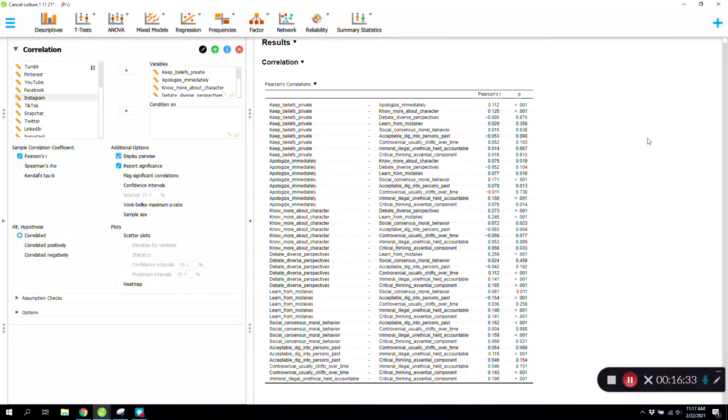Now, there's one other thing I want to tell you that's important. If you ever see a negative, that indicates a negative correlation. Okay, so listen here, please listen carefully. When there's a positive correlation between 2 items, like a correlation between 2 statements, positive means they move up and down together.